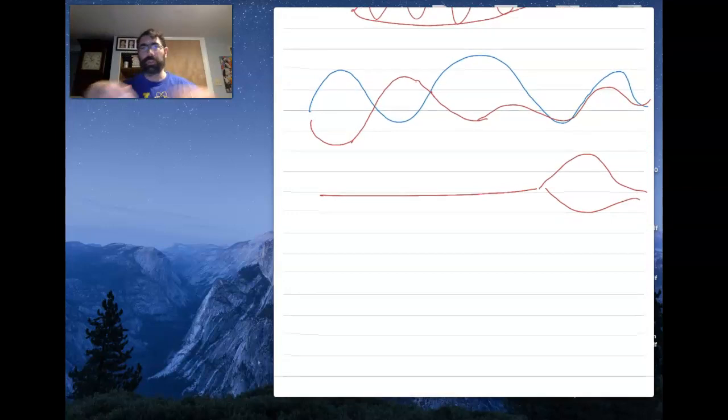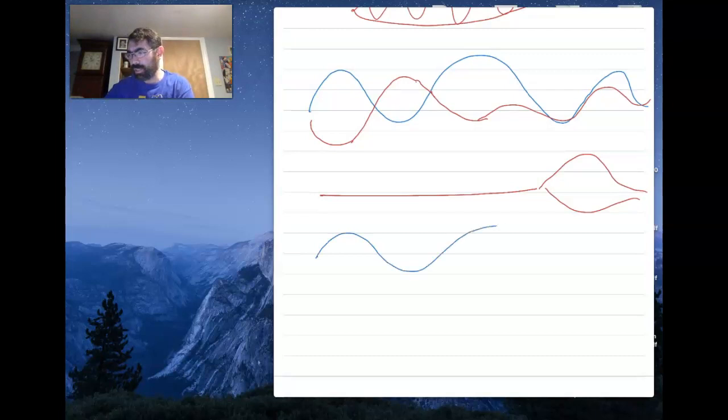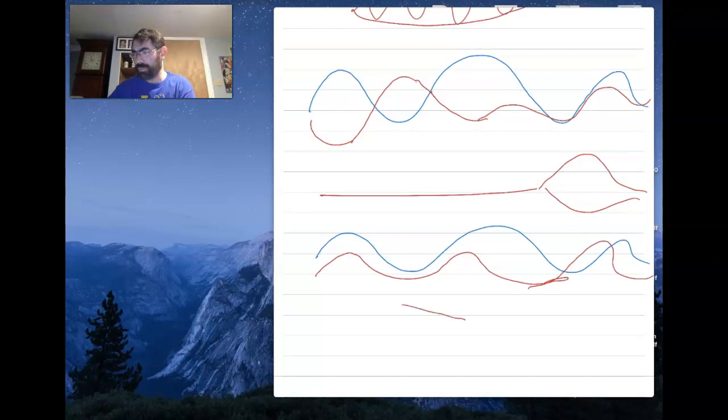And then as these blue and red waves change their frequency, as they change form, you get something that is more like this, where now the wave packet is over here.